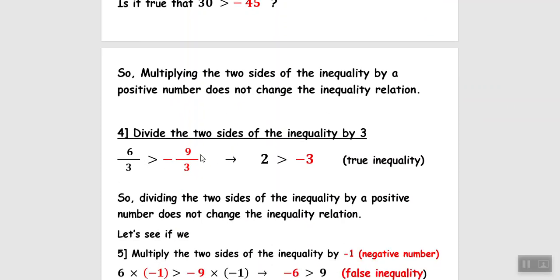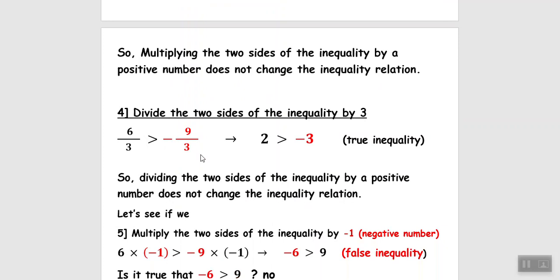Let us see one more operation. The last operation is divide. Divide the two sides of the inequality by a positive number. Let's take 3. On the left side, we have 6. If we divide it by 3, we get 6 divided by 3 equals 2.